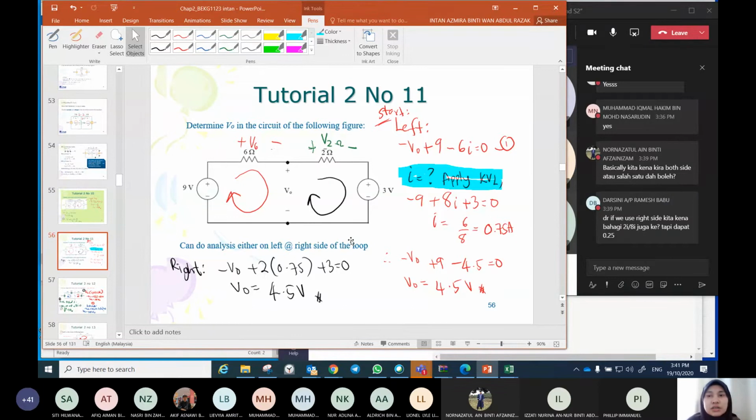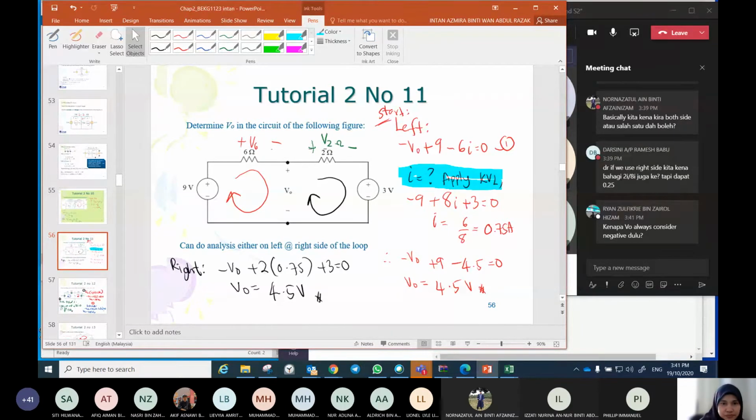Okay, now if we start with the right side, the right side is here. So now we have to find the current first. Minus V naught plus 2i. It will be 2i here. This is 2i.